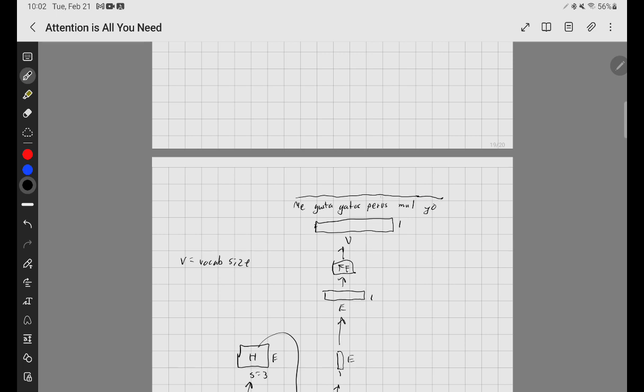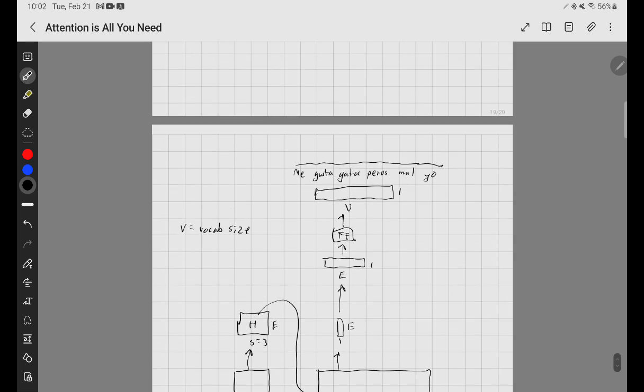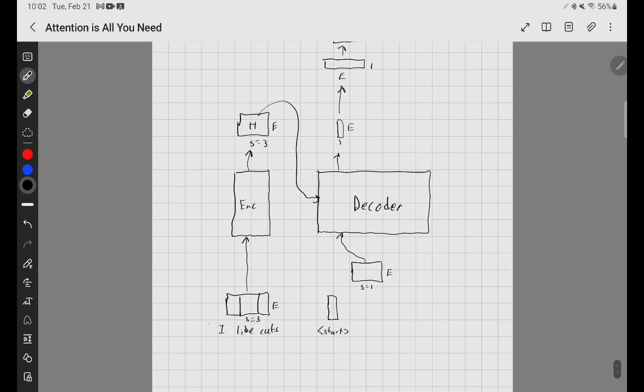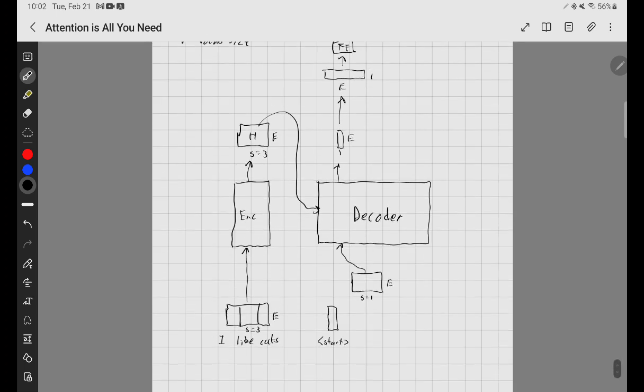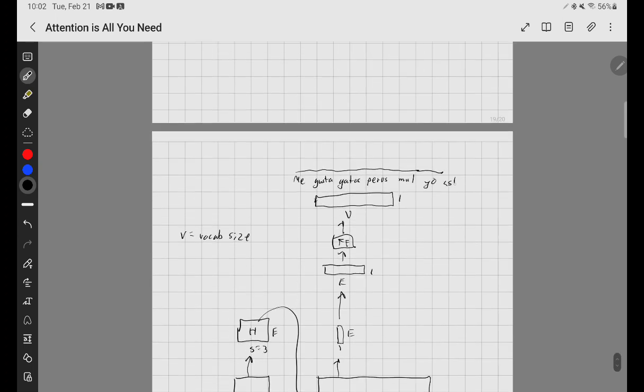Since we're translating to Spanish, our output vocabulary is a Spanish vocabulary, not an English vocabulary. And then start and end. Those are in the vocabulary as well, so it also is part of the output sequence.